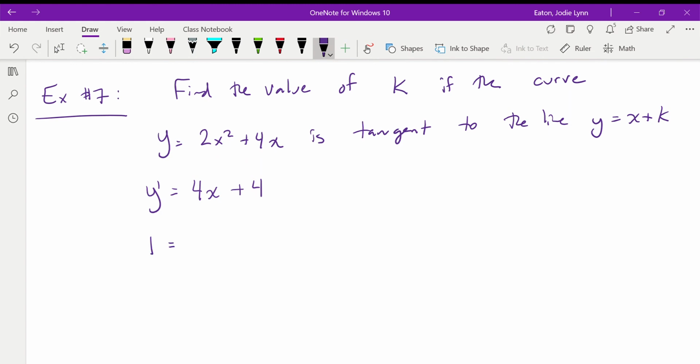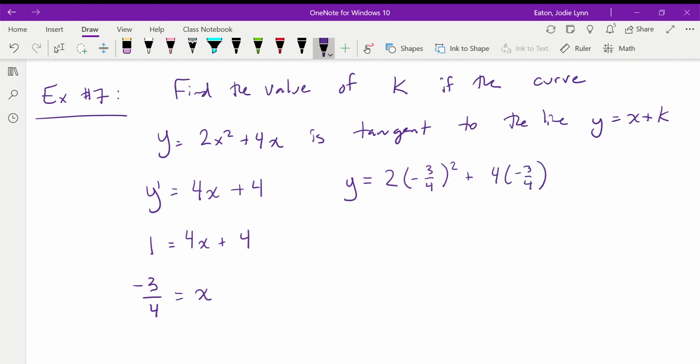Okay, so we have 1 equals 4x plus 4. We're going to subtract 4. We get negative 3/4 equals x. Okay, so now we're going to take a look and figure out what the y value is going to be at x equals negative 3/4. And we're actually going to have to plug that back into our original function. Okay, so we get y equals 2 times negative 3/4 squared plus 4 times negative 3/4.